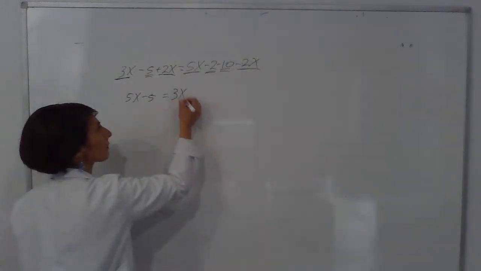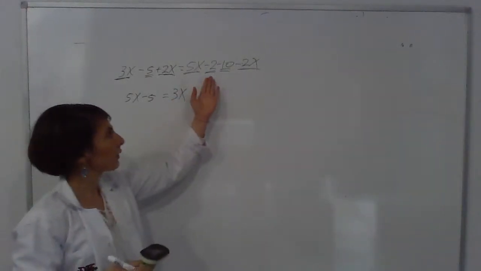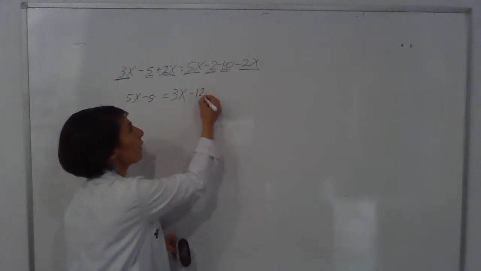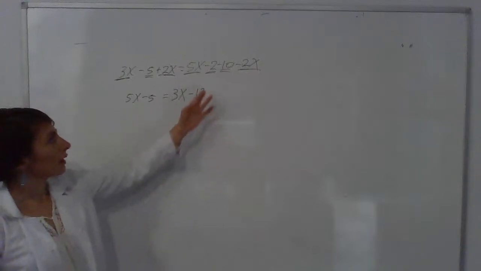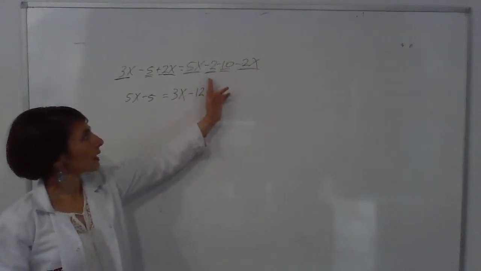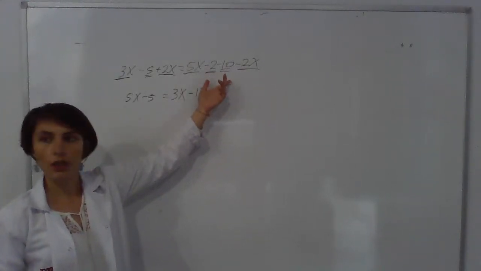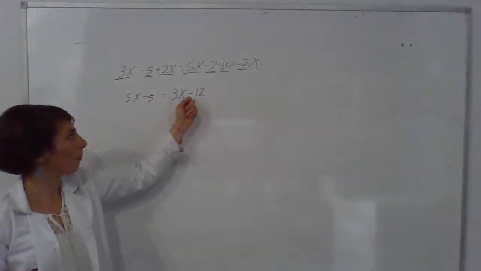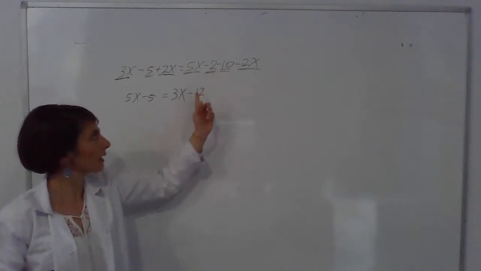So it's 3x. And minus 2 minus 10, it's minus 12. Why is it minus 12? Because these numbers have the same sign. So I have the right to make the sum of them and to put the same sign. So minus 12, 2 plus 10, 12.